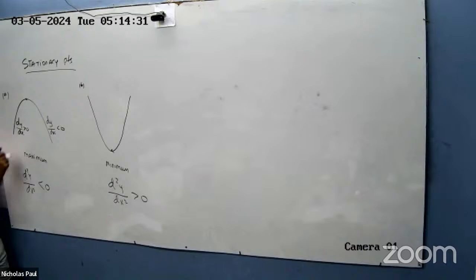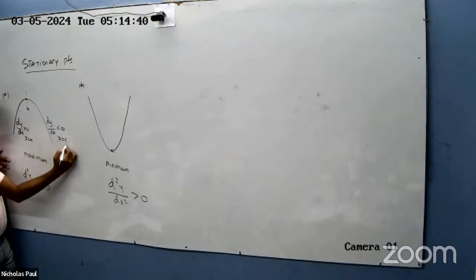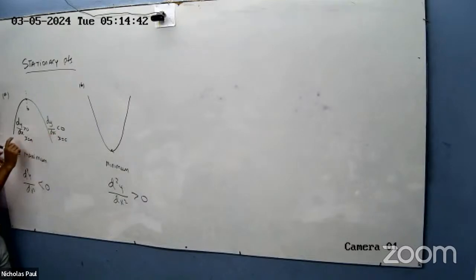If you have a value here, let's call this value x equal to b. If you plug in x equal to a and you get more than 0, and if you plug in x equal to c and you get less than 0, then you have a maximum point.